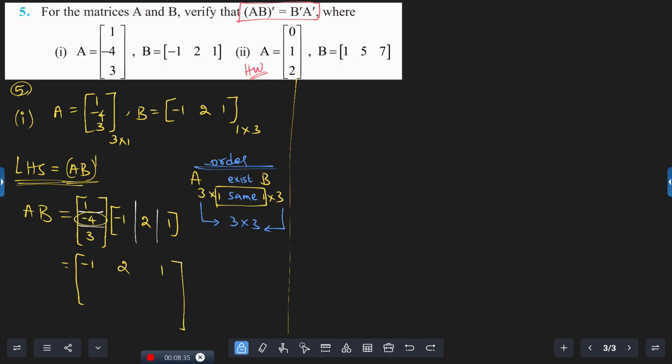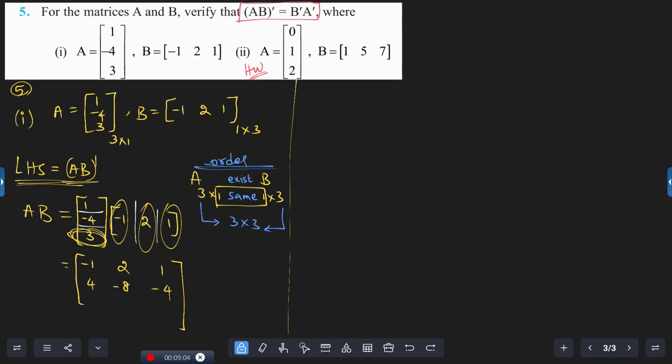Now take the second row, and multiply in the same way with each column of the matrix. So minus 4 into minus 1 is plus 4. Minus 4 into 2 is minus 8. Minus 4 into 1 is minus 4. Have you noticed this? Right. Next, the third row: children, listen carefully.